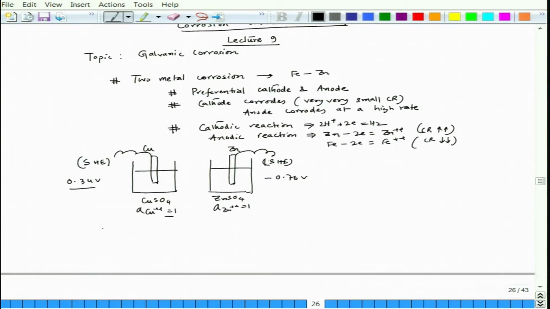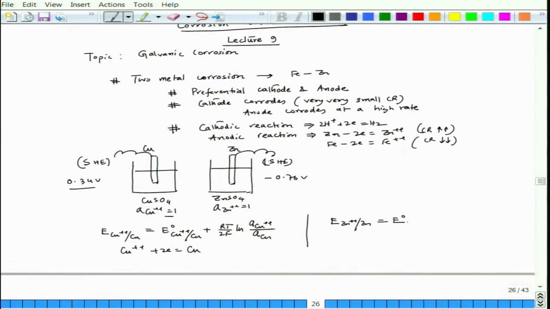From the Nernst equation, considering this reaction, and every time we are considering reduction potential, that is what I have written in terms of reduction, where the reaction was for zinc.